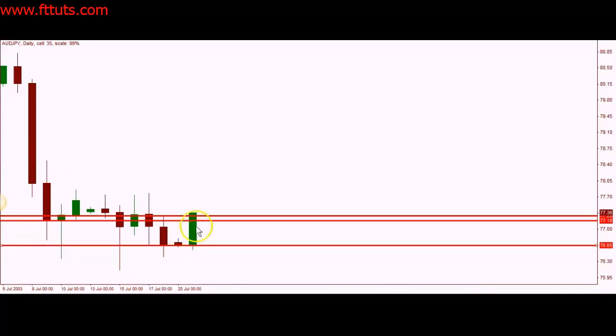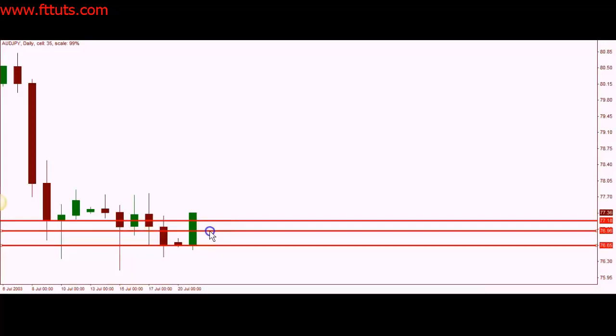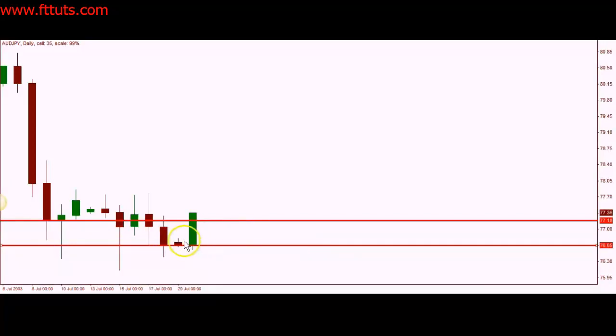But even if the market didn't close above that point, say this candle closed here, what we want is to close higher than this little doji here. And the higher into this body we close, the stronger the move is to the upside. So with this one, we closed above the high, so we knew this was probably a pretty good trade.